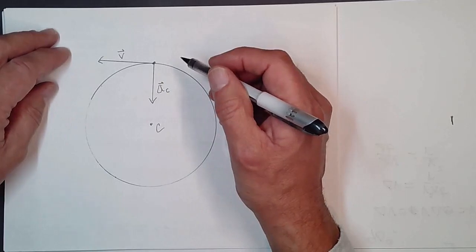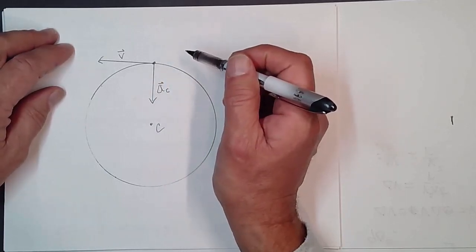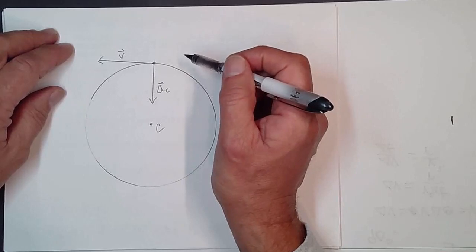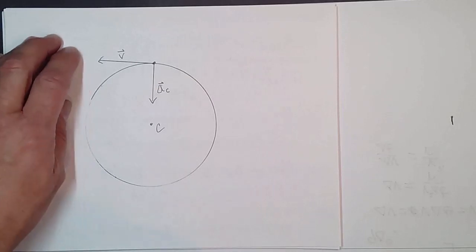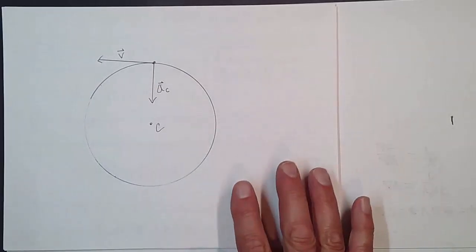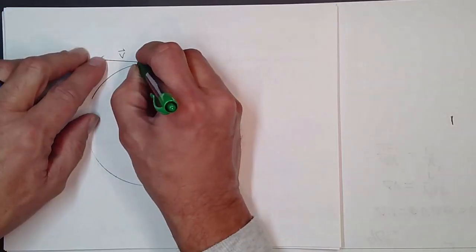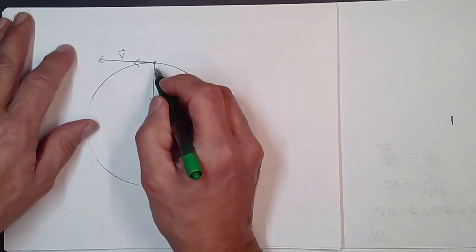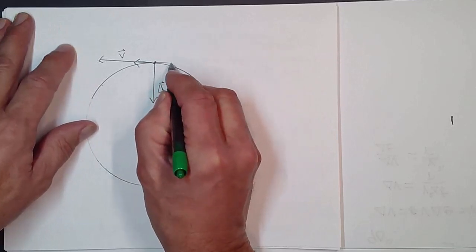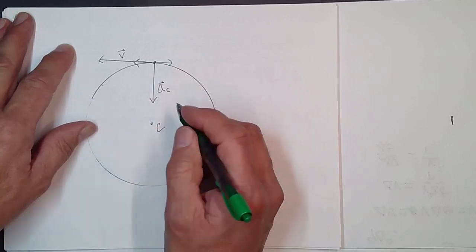But what if the object is speeding up or slowing down so that its speed is changing? If it's speeding up, it's going to have an acceleration in the same direction that it's moving, so it might have a component of acceleration in this direction. If it's slowing down, it might have a component of acceleration in this direction.